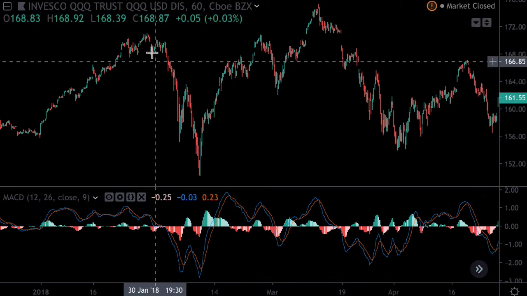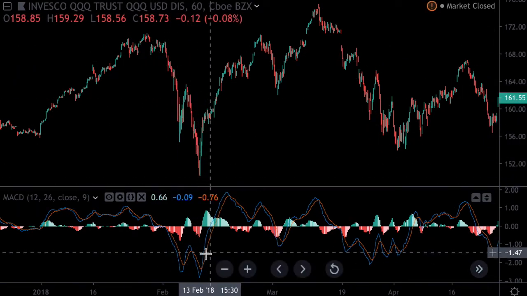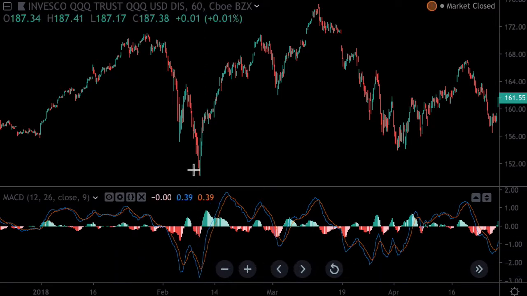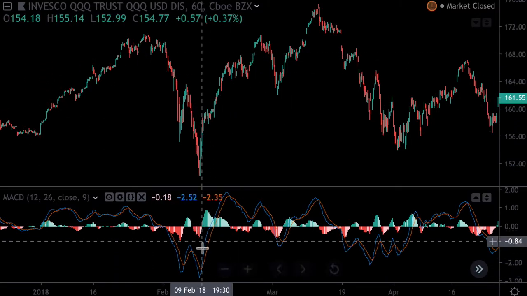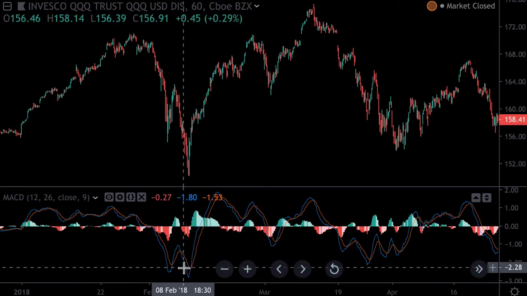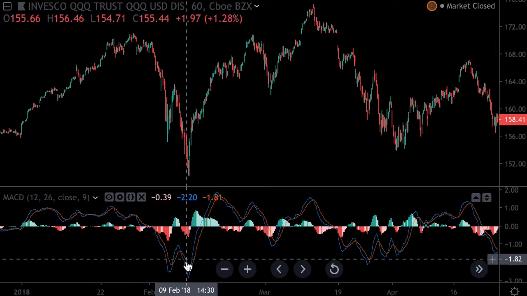You can see this was a huge drop, and when the MACD crossed over for a second time here, it snapped back up. So a bullish or bearish crossover at an extreme reading is a very good buy or sell signal.